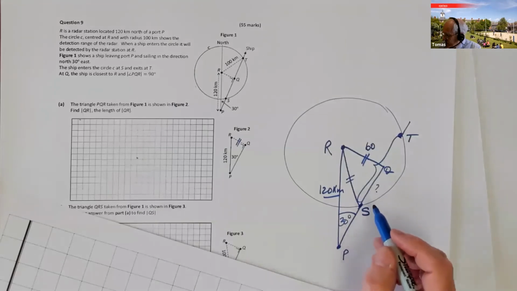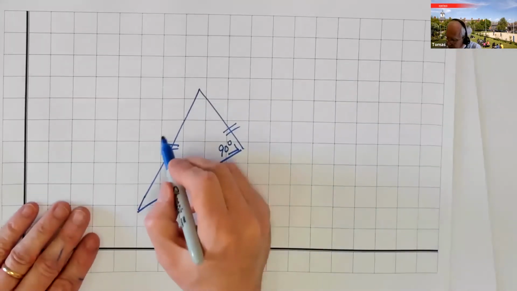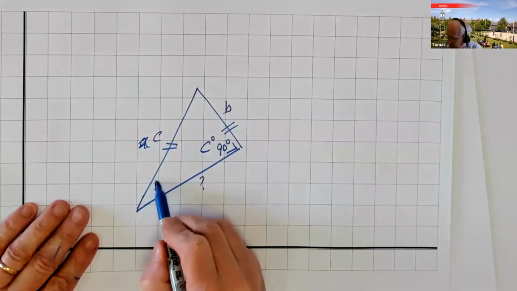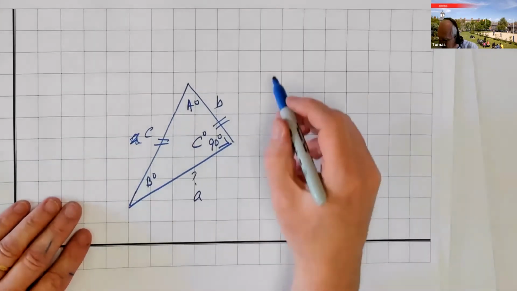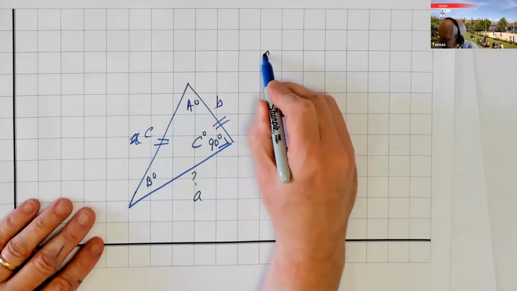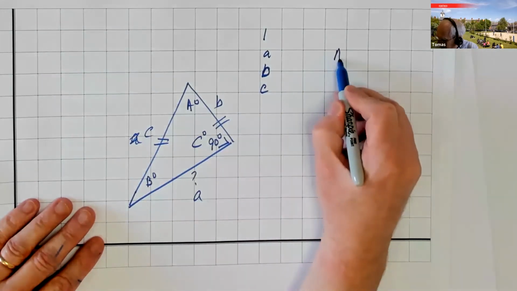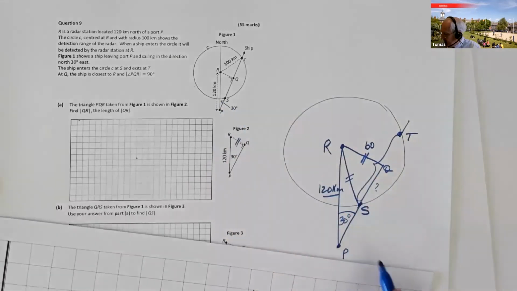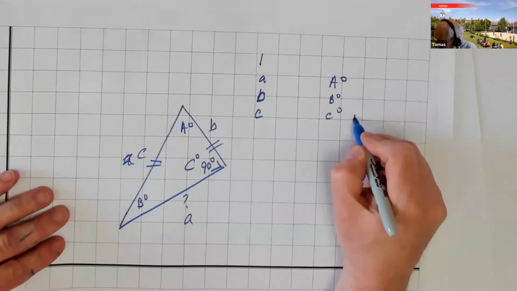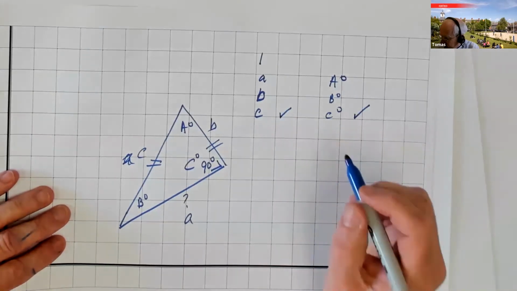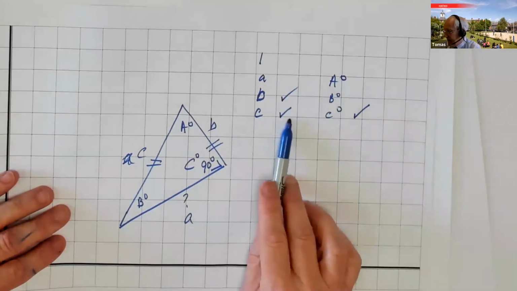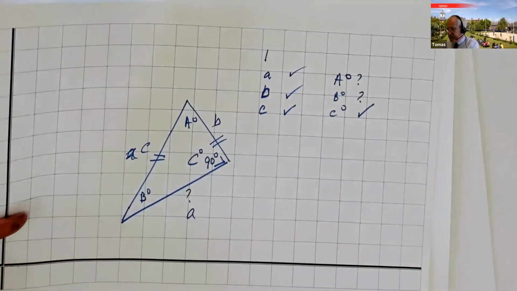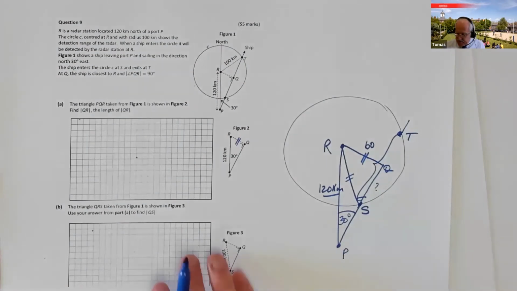Let's call that capital C, capital B, capital A. I know the C angle is 90, I know the length of C, and I know the B. So if I have two lengths, I can find this angle and this length. Again, I use exactly the same thing and I can go around and find QS.